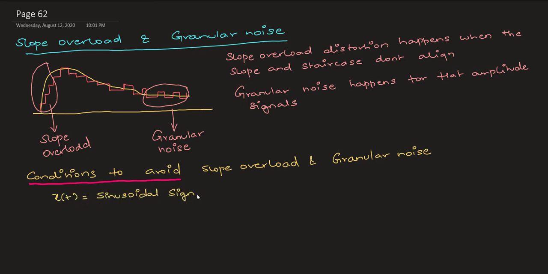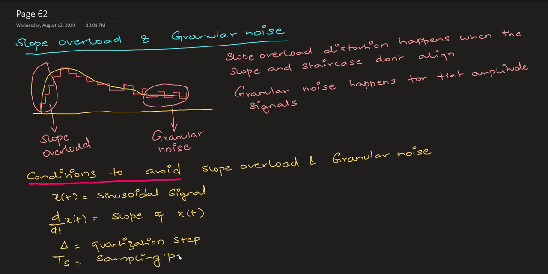So now we will see how to overcome these two, slope overload and granular noise. From this figure, you can see that you have a slope overload problem when your step size is smaller, because whenever your step size is smaller, your quantizer cannot capture the steep slope, right? It falls behind, it falls short of the steep slope, and that is this one.